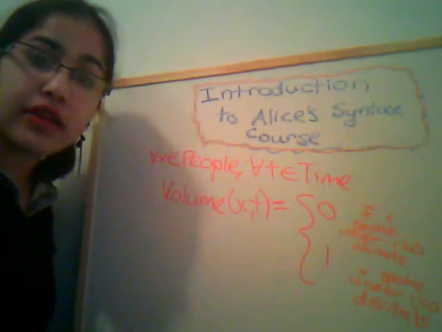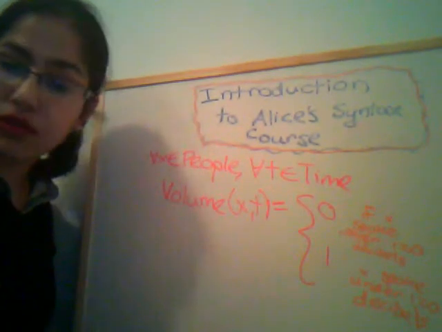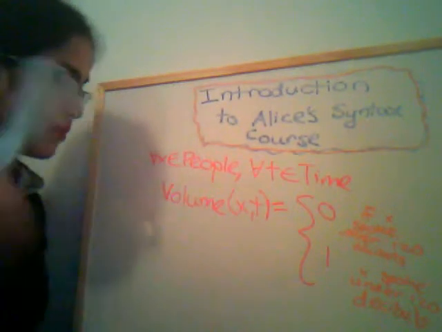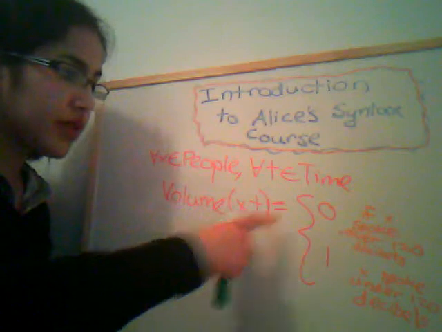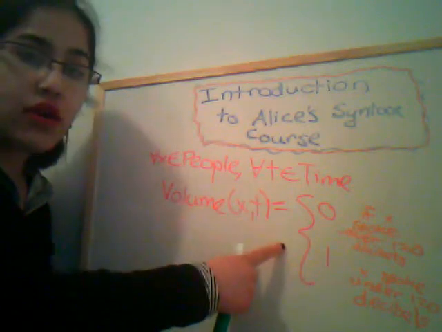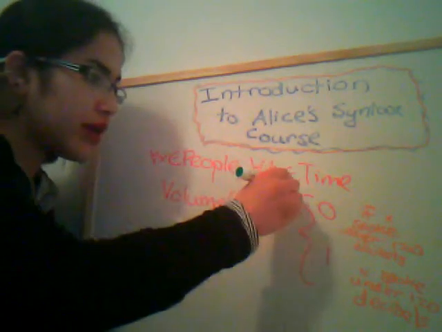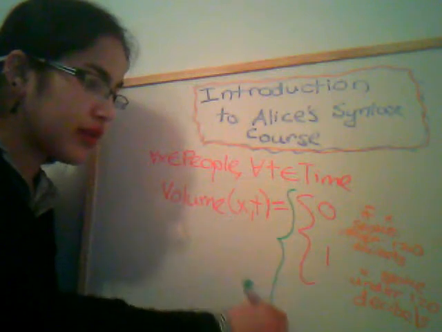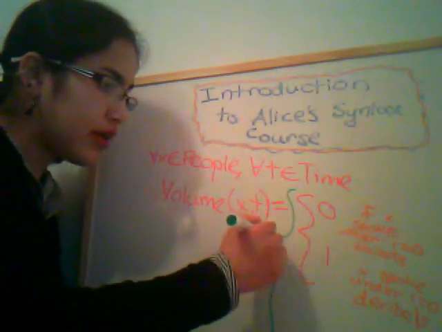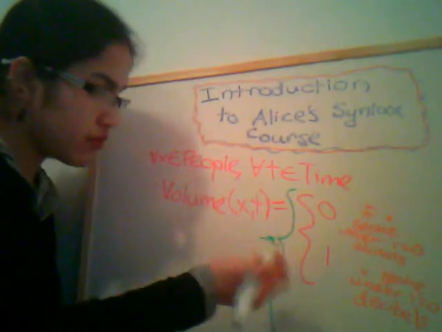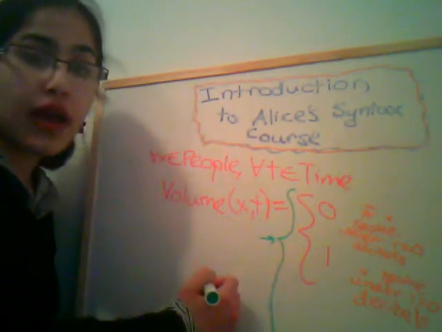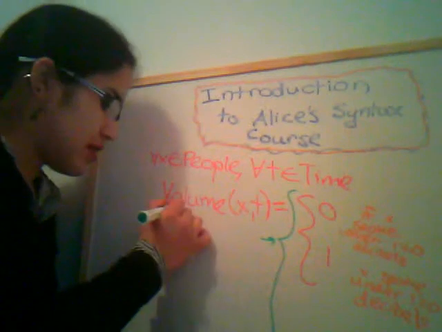But then after that we could improve this function by doing the following. We'll do volume of x at time t and we'll write it like this, only now we'll say we have more cases. This will be case 1. Case 1 here will be the case in which, let's say, Bob has homework.